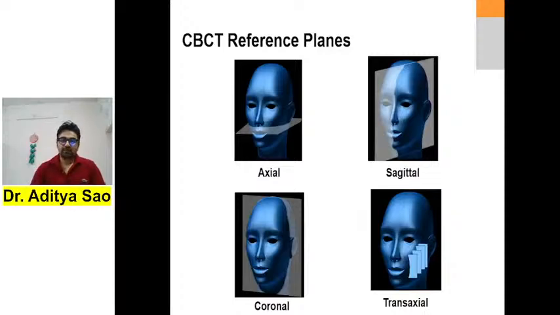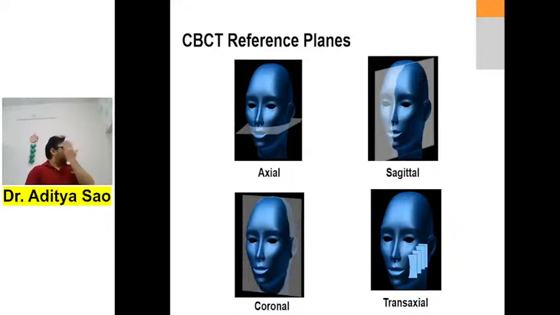If you look from above or below, that is the bird's eye view and the worm's eye view, and that is the axial view. It means you see my teeth from above or below, that is your axial view.